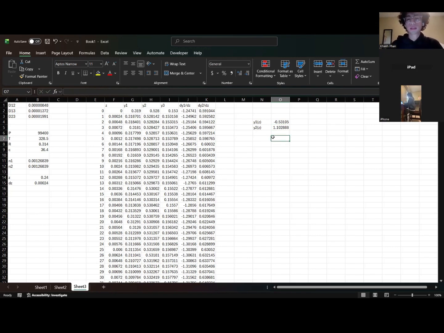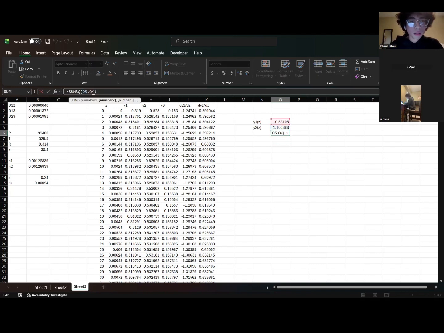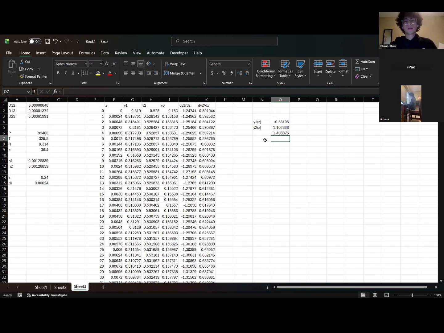The sum of this and this don't add up to one, which means something is wrong. So now the sum doesn't add up to one, so we know that something's wrong.